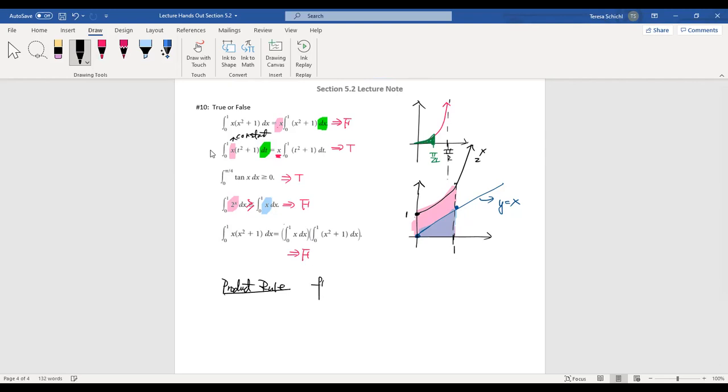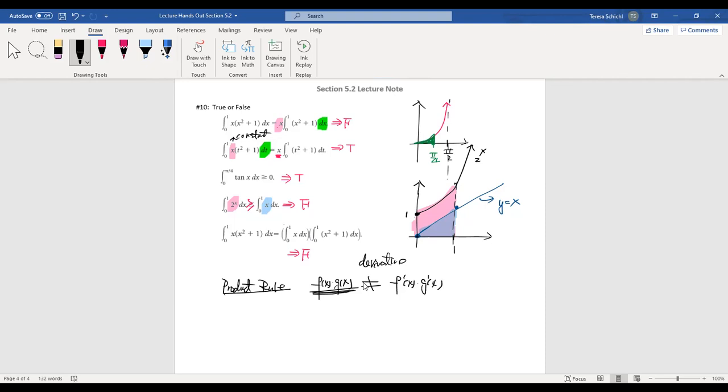We said f of x times g of x. If you want to take the derivative of f of x times g of x, the derivative is not just taking the derivative of each and multiplying. So this is not equal to f prime x times g prime x, right? That's why we have what we call the product rule.